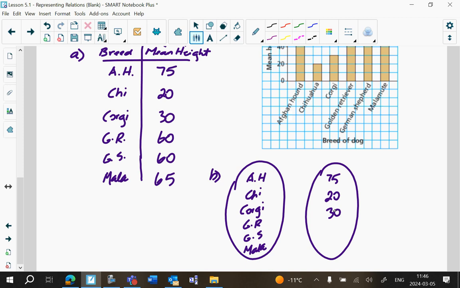Tell me something. Do you have to do 60 twice? No. You just got to draw 2 arrows to it. If an element appears more than once, you don't have to write it twice in an arrow diagram. So, like so, like so, like so, and then we've got 2 arrows going to the 60, and like so. Okay.